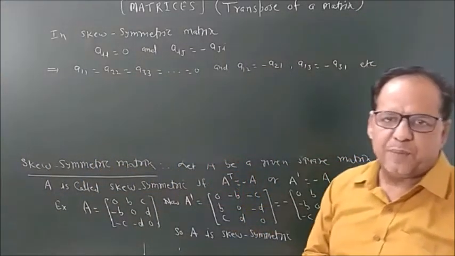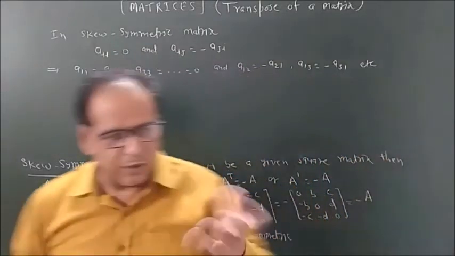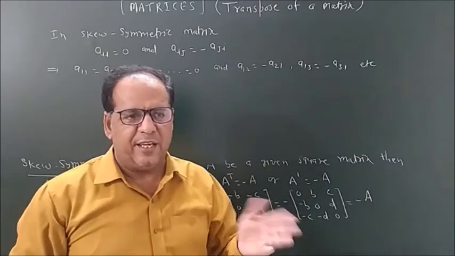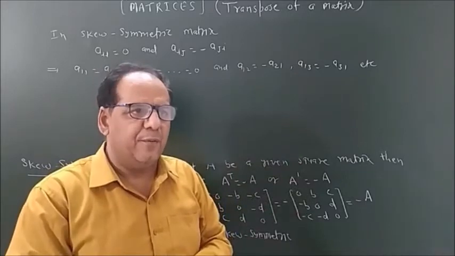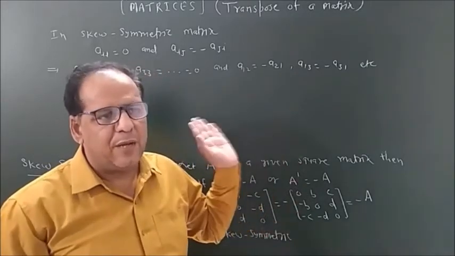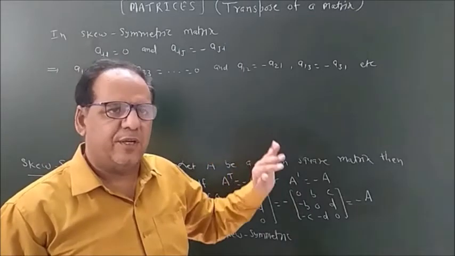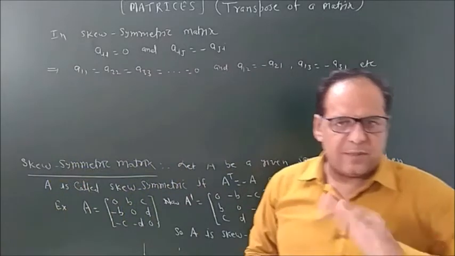How do we remember the examples of skew symmetric matrix and symmetric matrix? In a symmetric matrix, Aij equals Aji. The diagonal elements can take any values, but other values should be taken as Aij equals Aji. That means A12 is replaced by A21, A13 by A31.